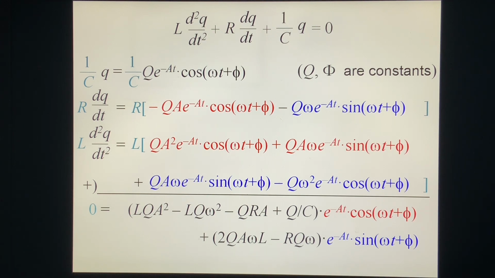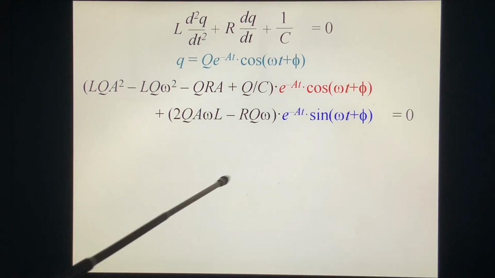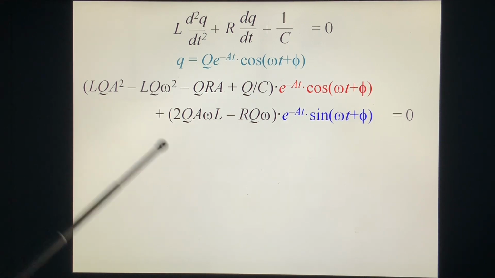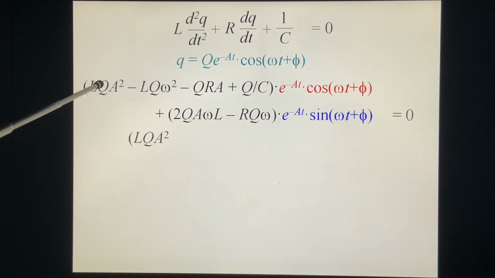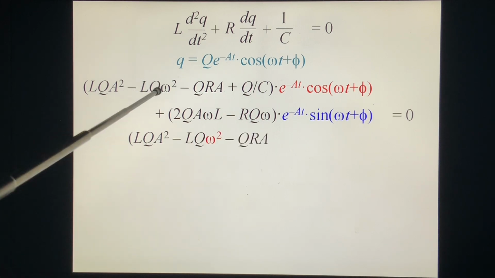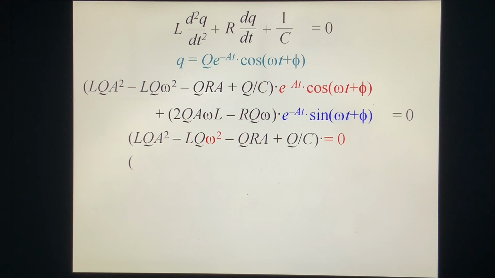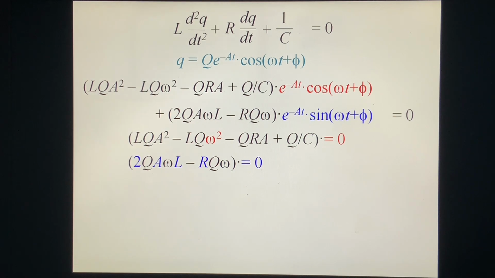The only chance is that the coefficient in front of each of these complicated terms is 0. So we get L Q A squared minus L Q omega squared minus Q R A plus Q over C equal to 0, and 2 Q A L minus R Q equal to 0.